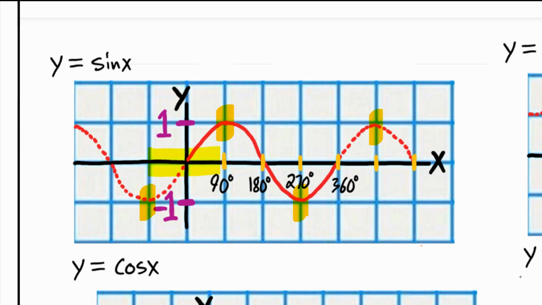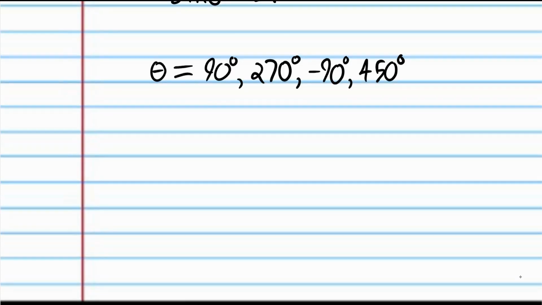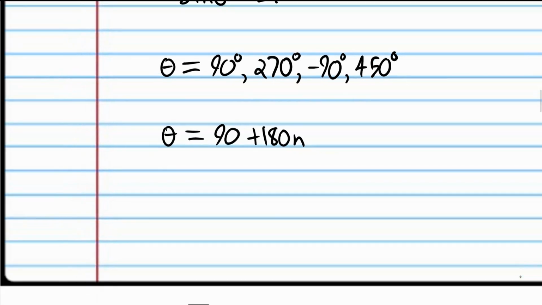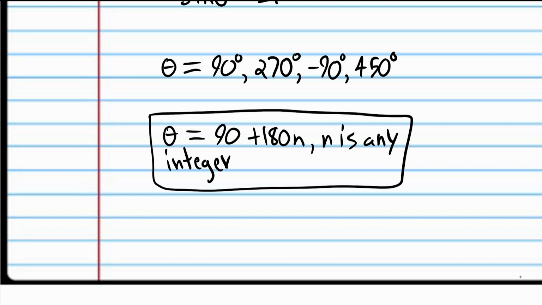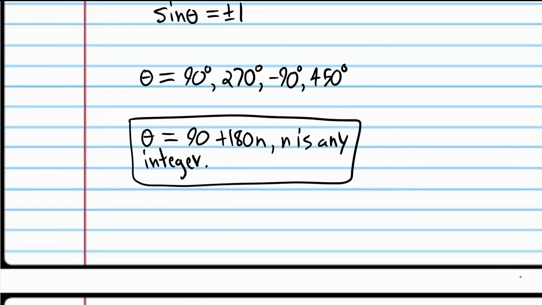So 180 degrees, 180 degrees, 180 degrees. So we can start from any number and just add multiples of 180 degrees. So you can start from any number. 90 would probably be best, and we'll just add multiples of 180 degrees. And you can check your curve to make sure that that works. So that's the answer.